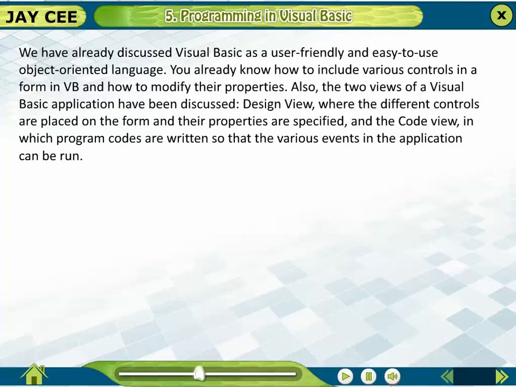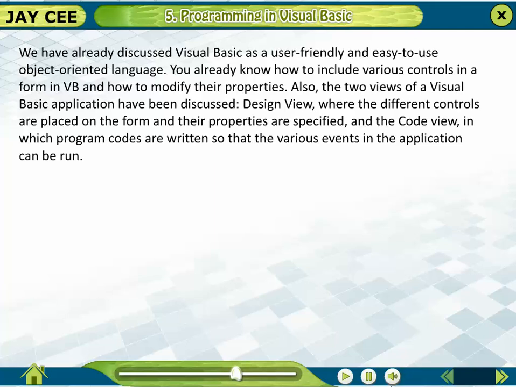We have already discussed Visual Basic as a user-friendly and easy-to-use object-oriented language. You already know how to include various controls in a form in VB and how to modify their properties.